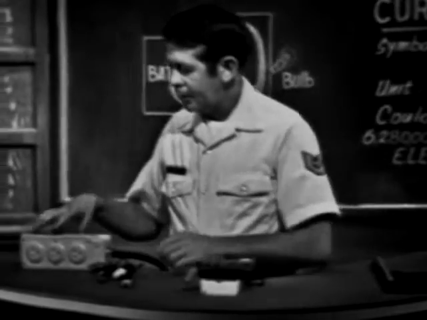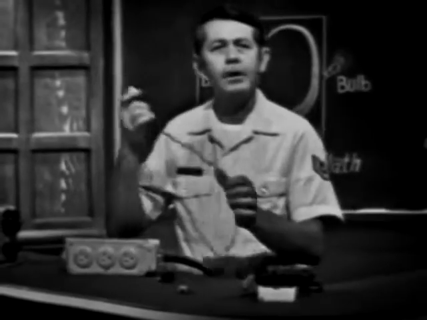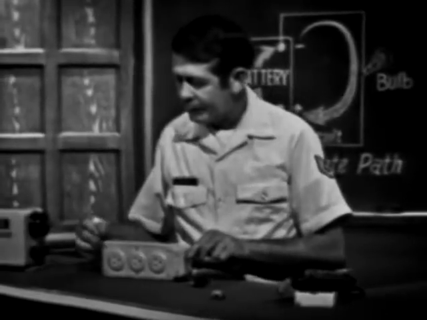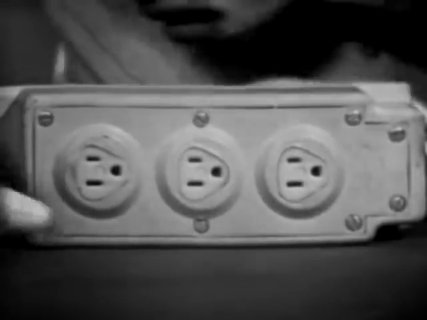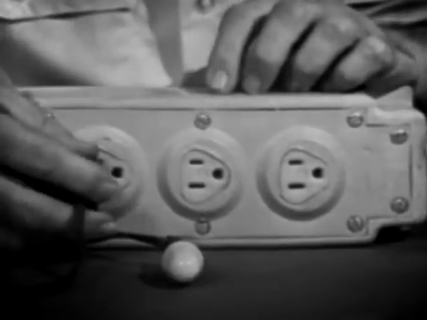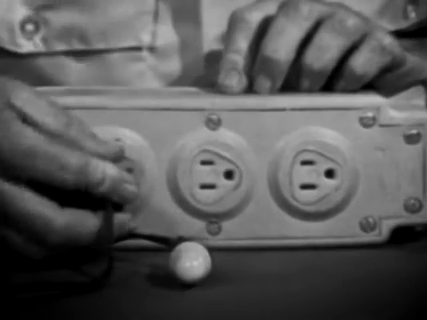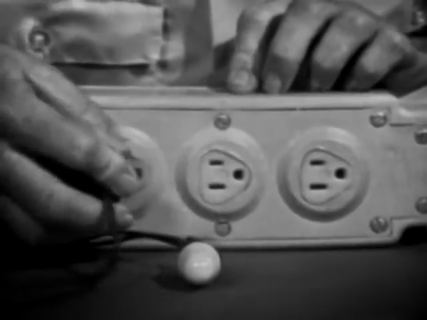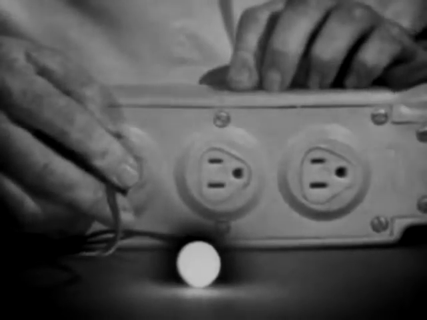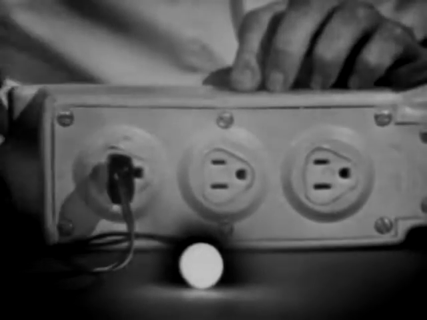Also, current will cause this light bulb to light. Let's try this ordinary AC outlet, and I'll plug the light bulb in. Applying the voltage to the bulb, if I can find the socket. There it is. Voltage causes the bulb to light.